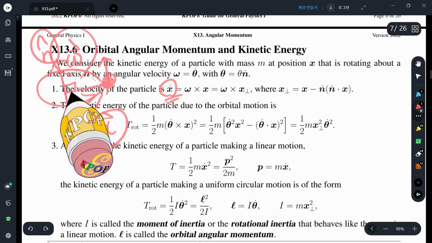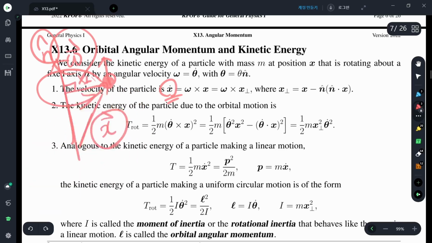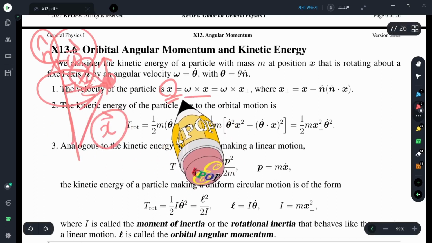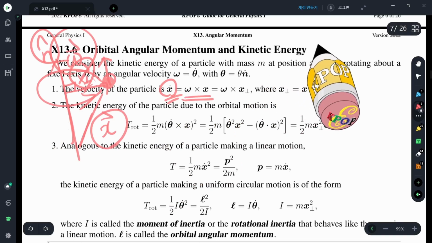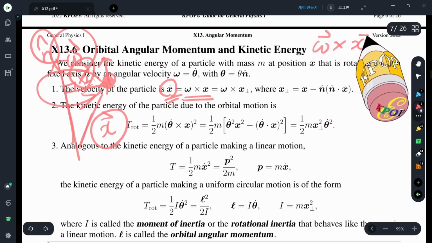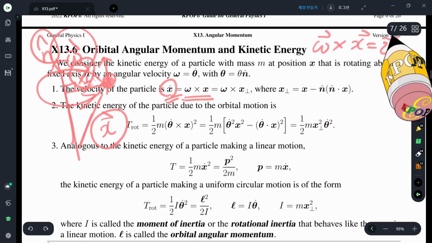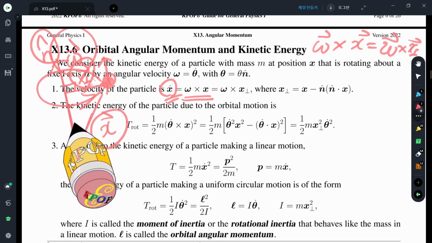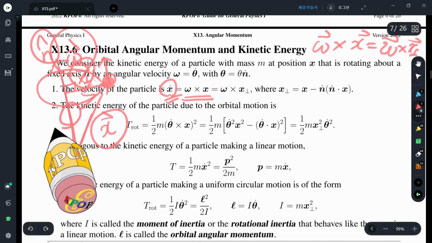The planar radius is the lever arm vector. That is omega cross x, or omega cross x perp, that is the lever arm. The parallel component doesn't contribute at all.